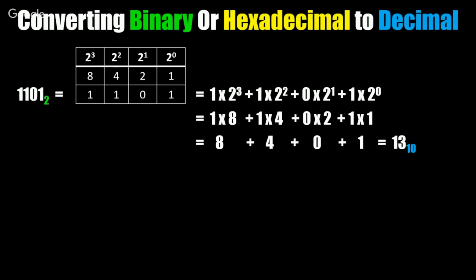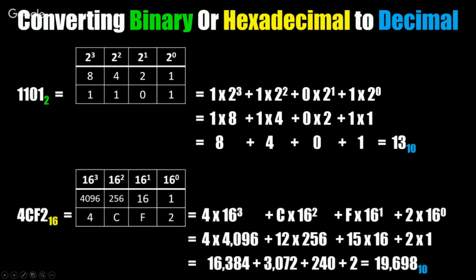You can see this in the expansion to the right. 1101 in binary means 1 times 8 plus 1 times 4 plus 0 times 2 plus 1 times 1, which equals 13.